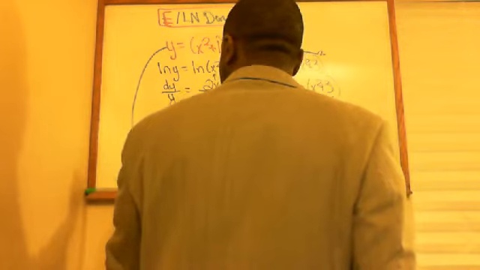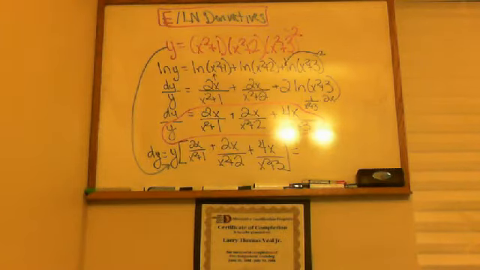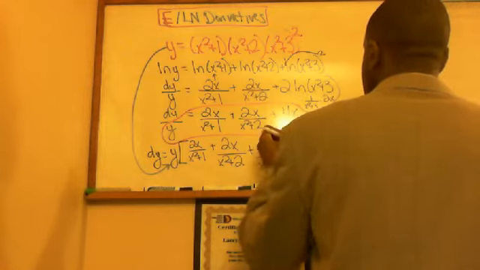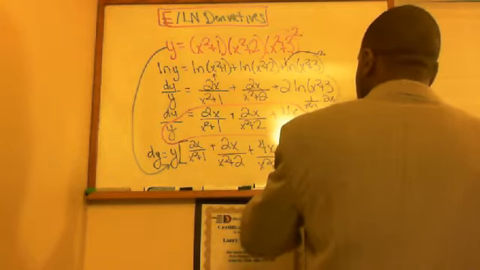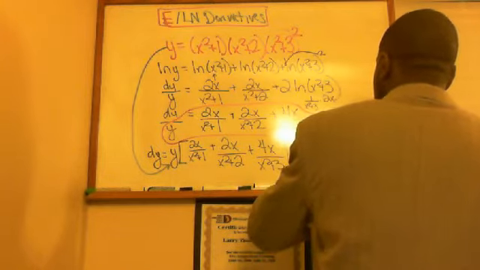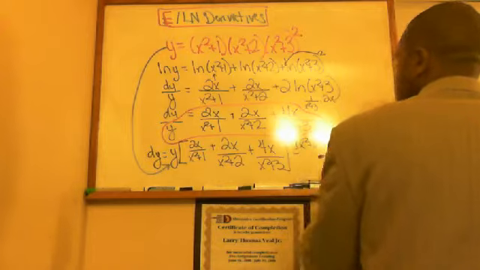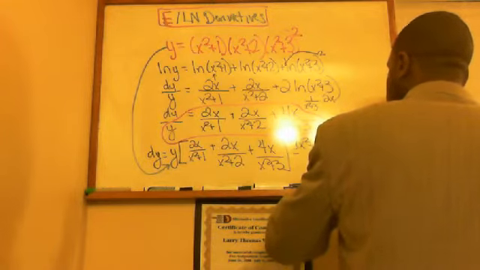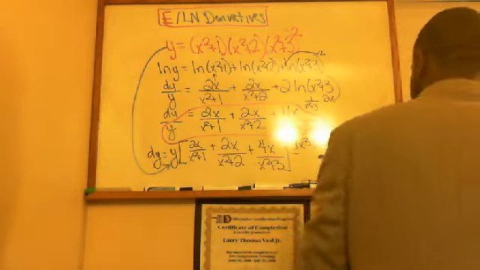Alright, and now, as I did in the last problem, I substitute my y from the original problem right there. I substitute my y value into my original problem at that point, and I rewrite my answer on the right side of the equal sign as all of y: x squared plus 1 times x squared plus 2 times x squared plus 3 squared, and then times, I put my little dot right there, a continuation, all of this right here: 2x over x squared plus 1, plus 2x over x squared plus 2, plus 4x over x squared plus 3.